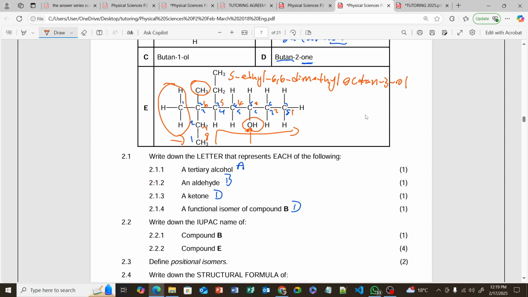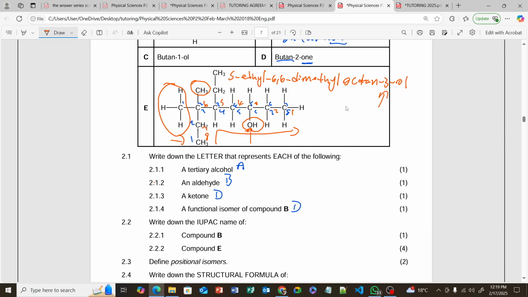So this is the full name: octanol at position number 3. At position number 5 we have an ethyl. At position 6 we have 2 methyl, so it's 6,6 dimethyl, and then octanol. At position number 3 is the functional group for alcohols.